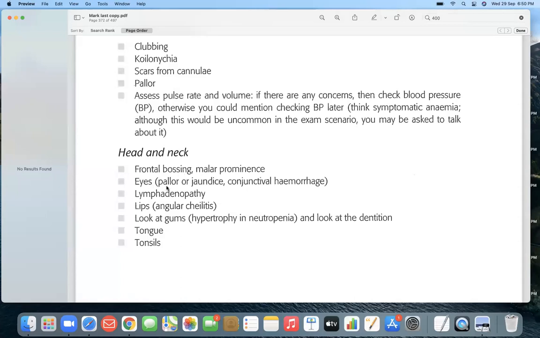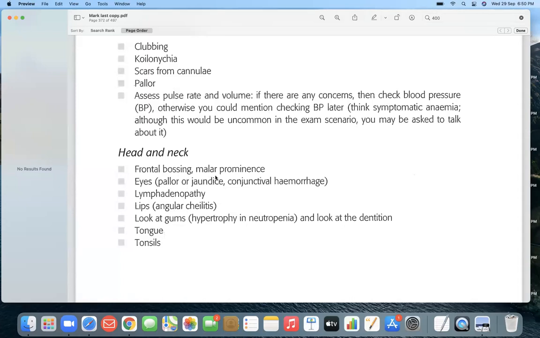Eyes, you see pallor or jaundice and conjunctival hemorrhages. Lymphadenopathy. Lips, angular cheilitis. Look at the gums, hypertrophy in neutropenia, and look at dentition, tongue, and tonsils.